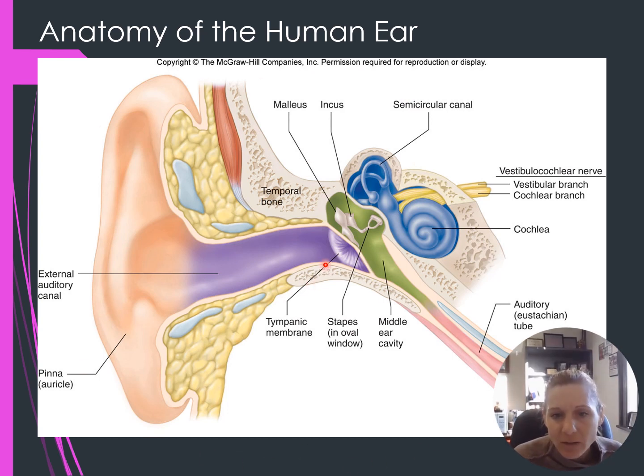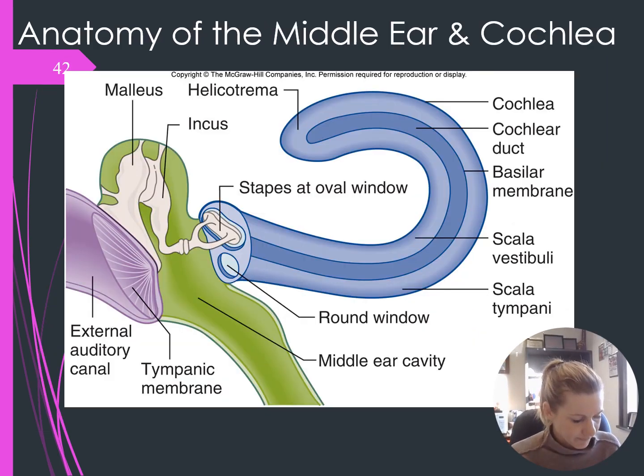Let's zoom in and take a look at what's going on here in the green with the middle ear section. Here you can see that external auditory canal and the tympanic membrane or the eardrum. Then we're going to move into this green section, which is known as the middle ear, also sometimes called the tympanic cavity. As we said, it's going to contain 3 bones: the malleus, incus, and stapes.